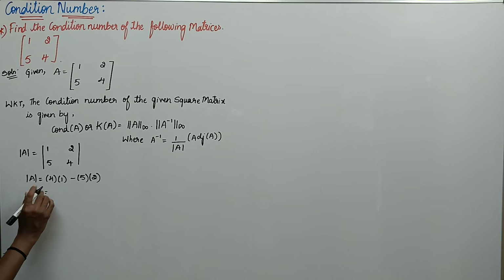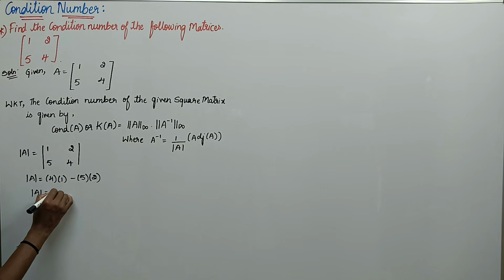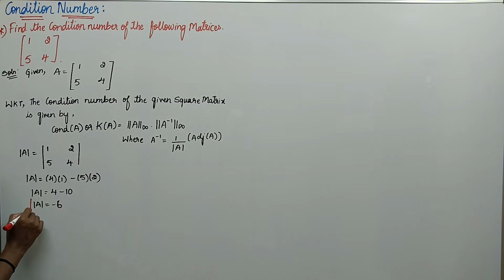That is 4 minus 10. Determinant of A is minus 6.